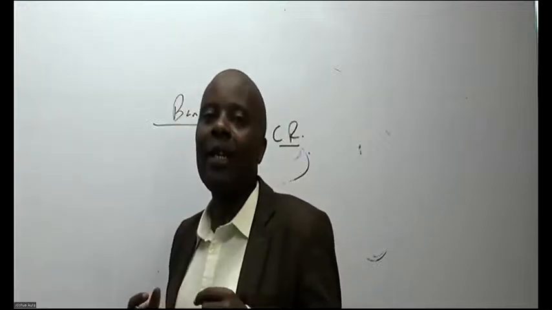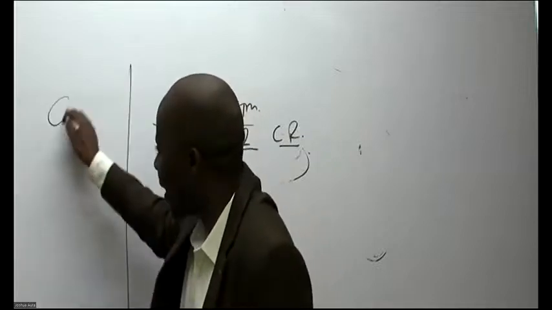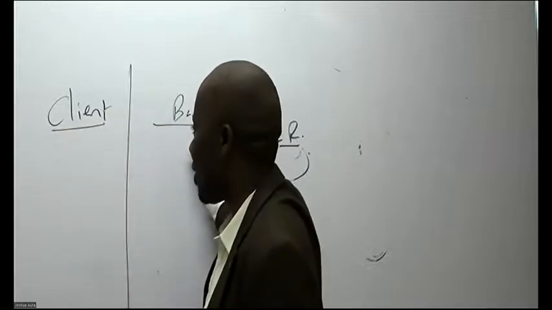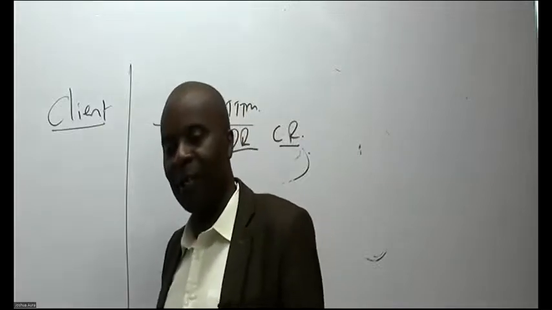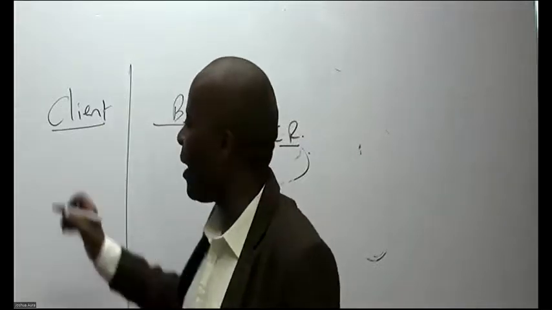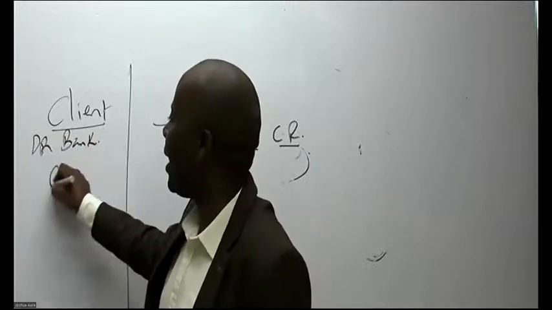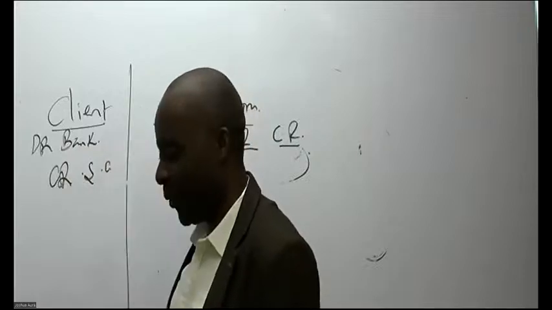When I take money to the bank as a client, please look at this mirror image. This is the client here, and of course we have our bankers. When I introduce capital to the business, I'll come here and debit bank, because I've taken the money to the bank, and then credit the ordinary share capital with a million.